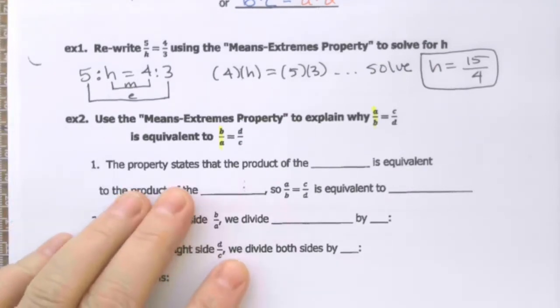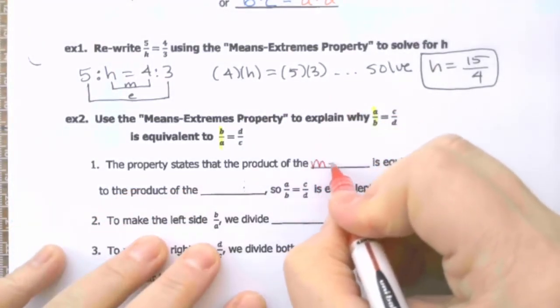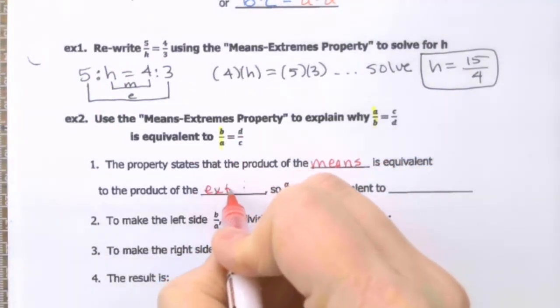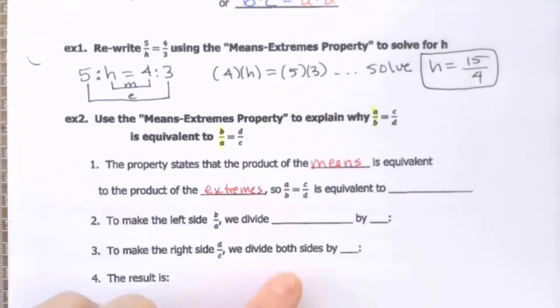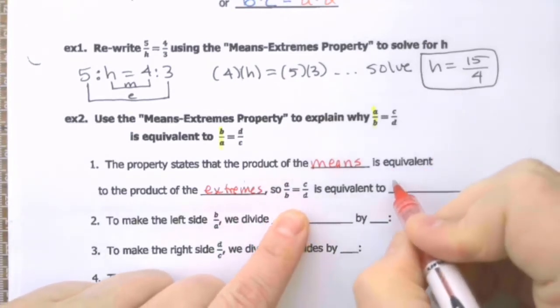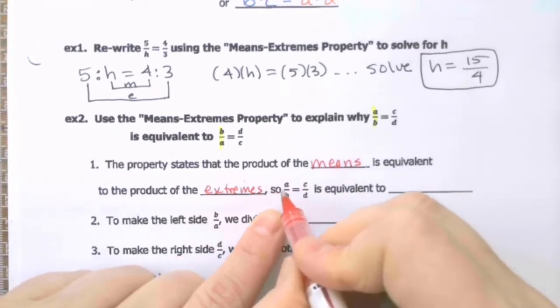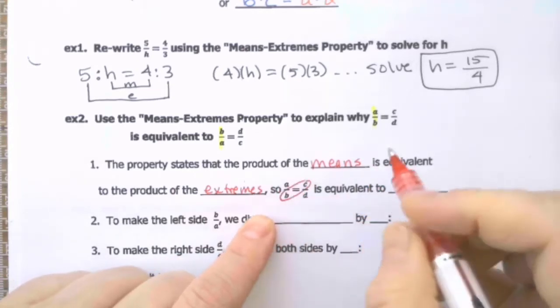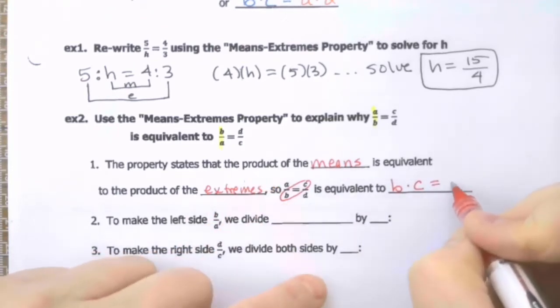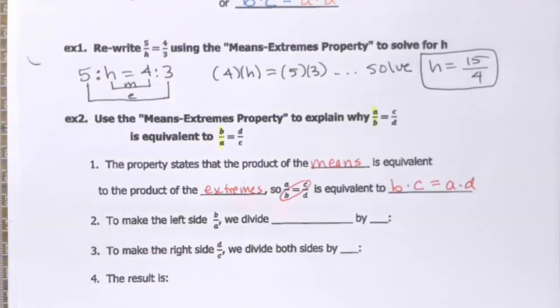The property states that the product of the means is equivalent to the product of the extremes. So A over B equals C over D is equivalent to the means, here's your means, your middle two, B times C equals your extremes, which are A times D.